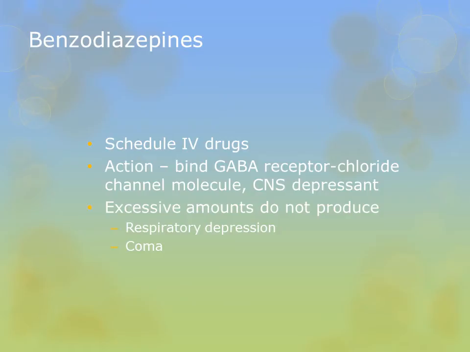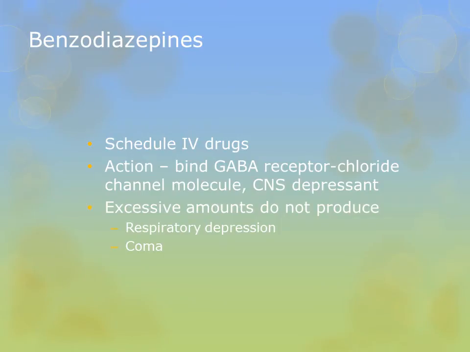A lot of the benzos have a long half-life and active metabolites. So again, think to yourself, what does that mean? Well, you can figure out long half-life. We've just talked about that with the barbiturates. But with the active metabolites, what does that mean?